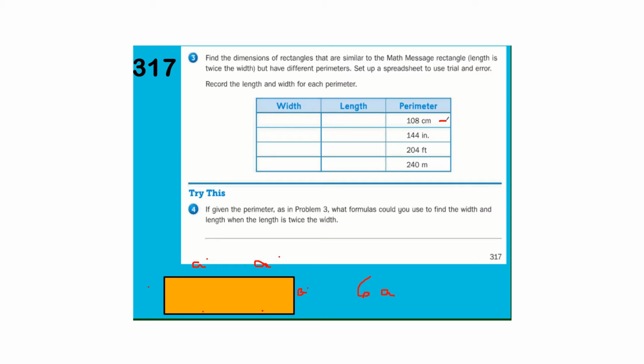So basically, if you take the perimeter and you divide by 6, you're going to get your width in this particular rectangle. And that works every time. That means your length is going to be your width times 2. And that's what they kind of wanted you to notice there.